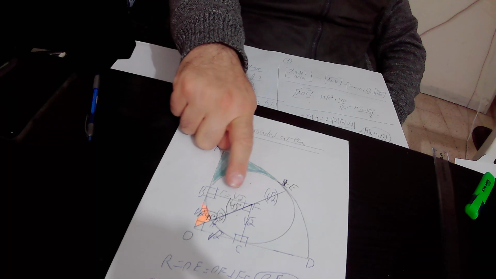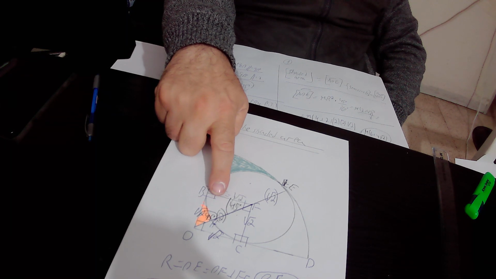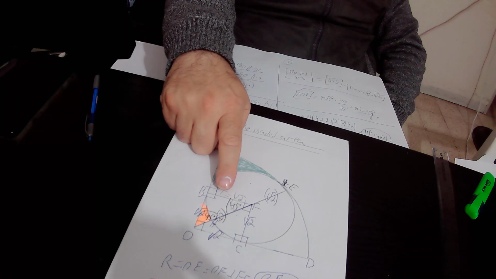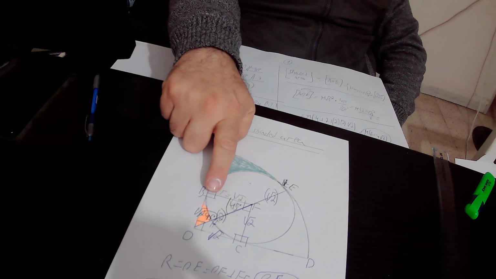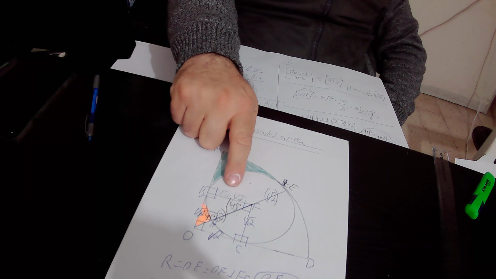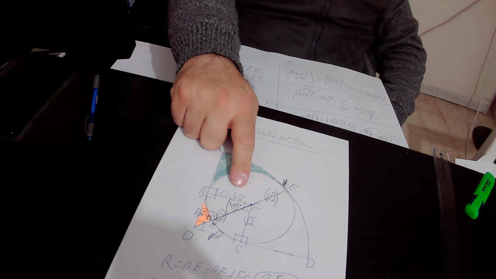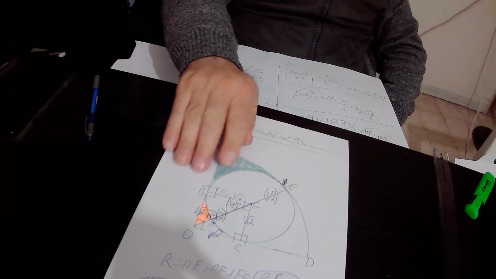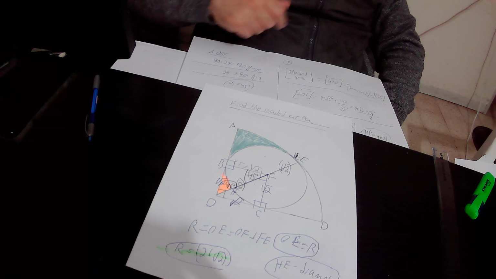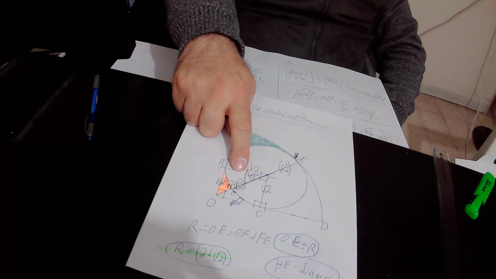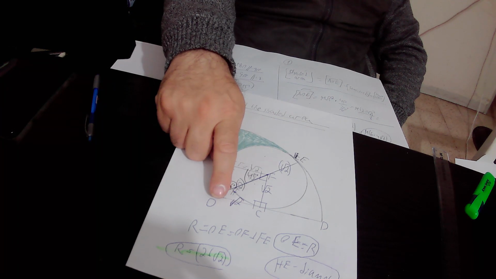We have already found out that FO equals 2, and OE equals OF plus FE. OE is the radius of this big circle, equal to capital R. So R equals OE equals OF plus FE. OF is 2 and FE is square root of 2. So in conclusion, capital R equals 2 plus square root of 2.